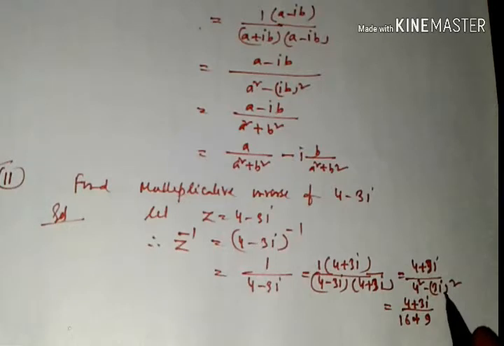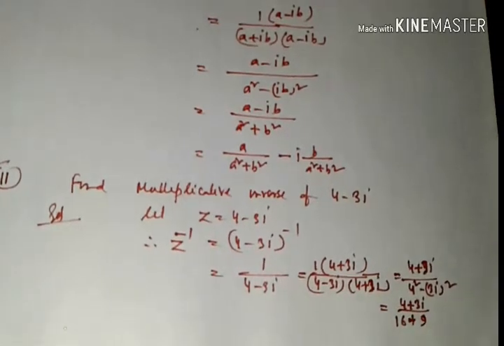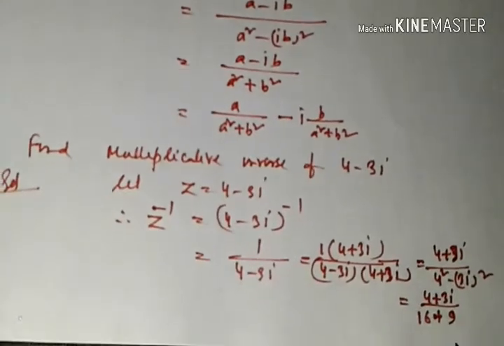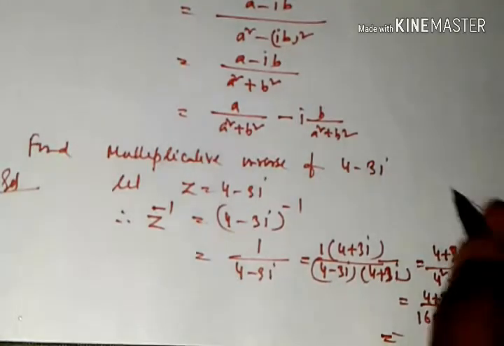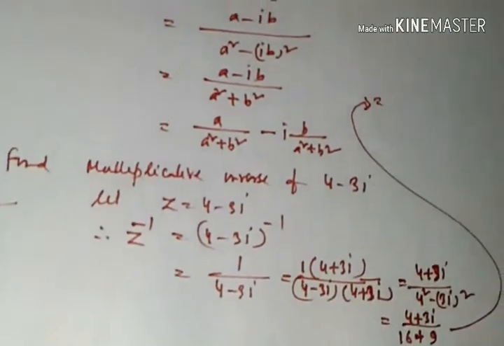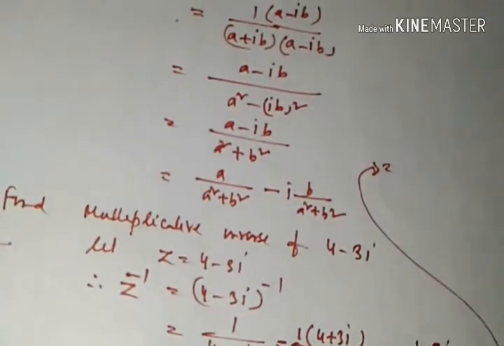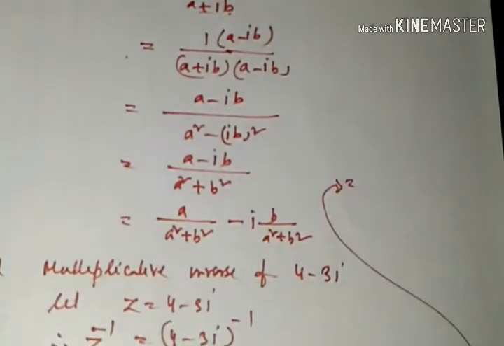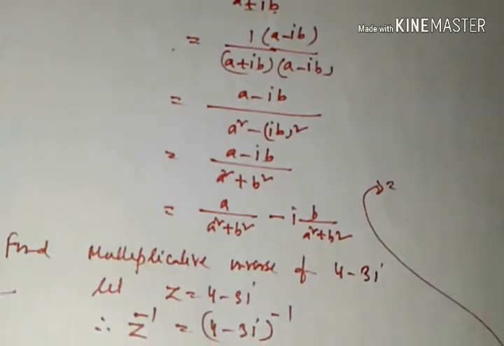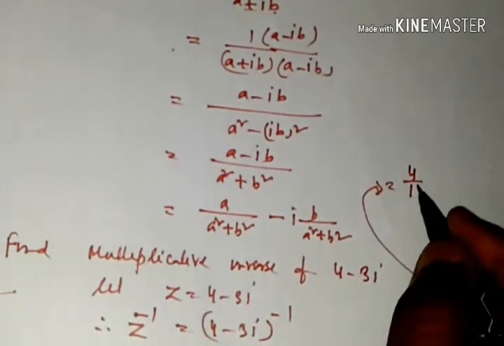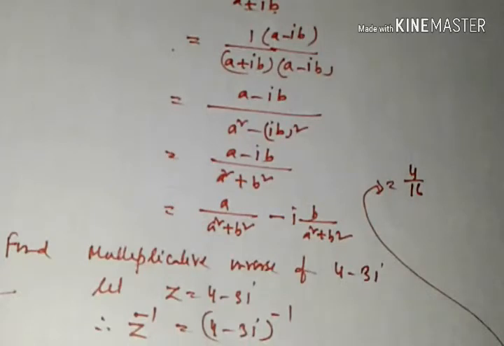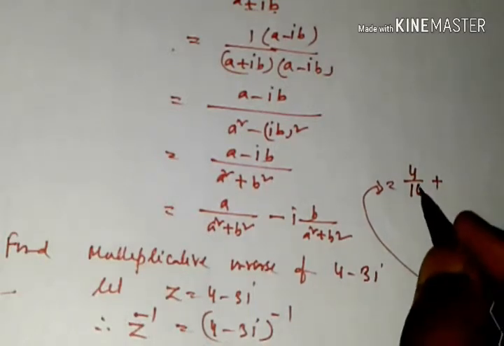Since i square is equal to minus 1, therefore this is 16 plus 9, which is 25.